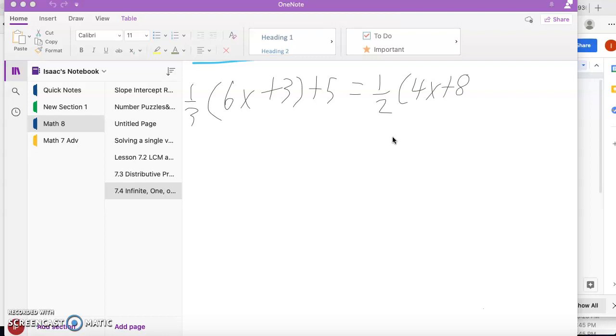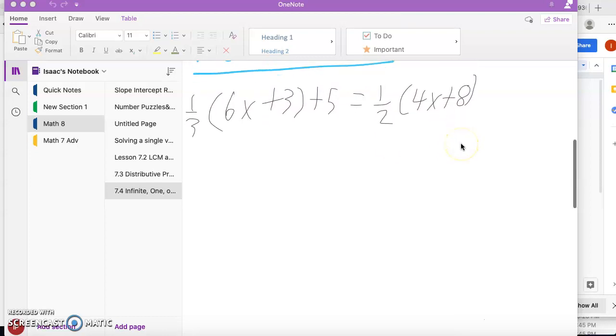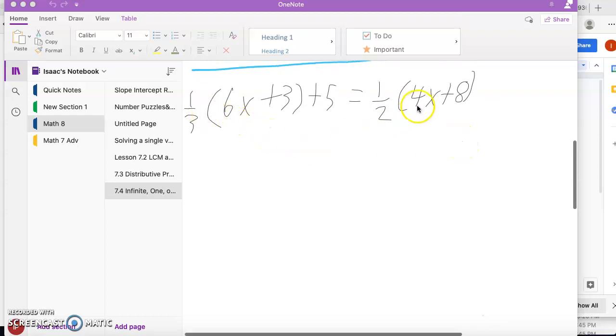I have 2 options at this point. I can either figure out the lowest common denominator between 1/2 and 1/3 and multiply times that, or I can do a 2-step approach, which is the same thing in the end, which is what I'm going to do because it's a little bit easier. The numbers of it are easier.